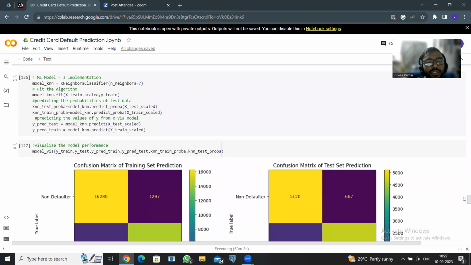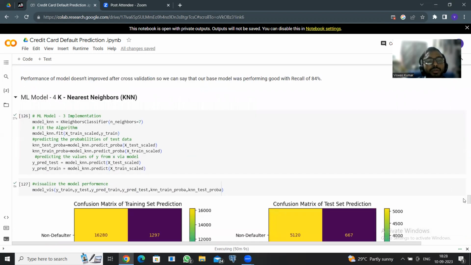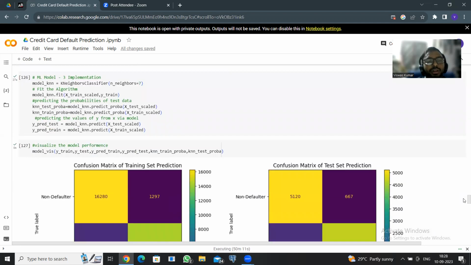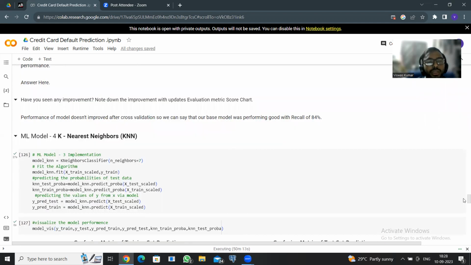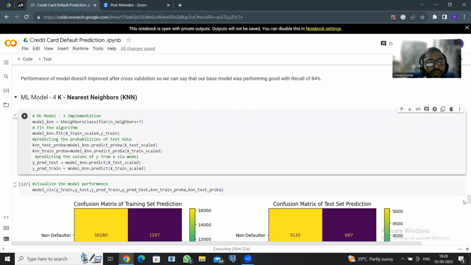Next, K nearest neighbors, which is a pretty good classifier to classify binary credit card default prediction. In K nearest neighbors, the training time is 0 in this case, because we are not actually training the model. It predicts the values from the data itself, so there is only testing time.